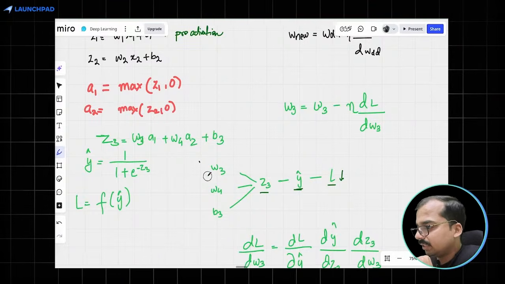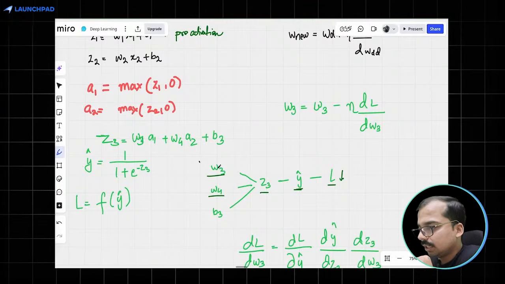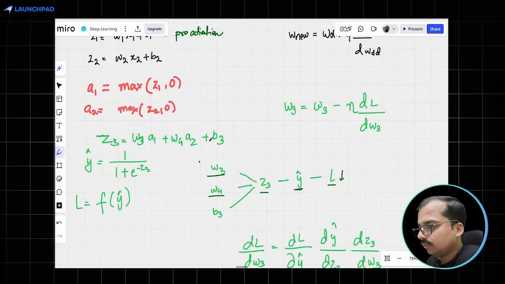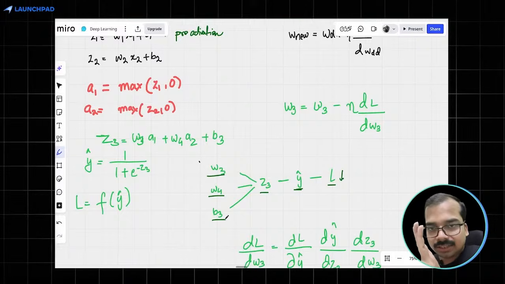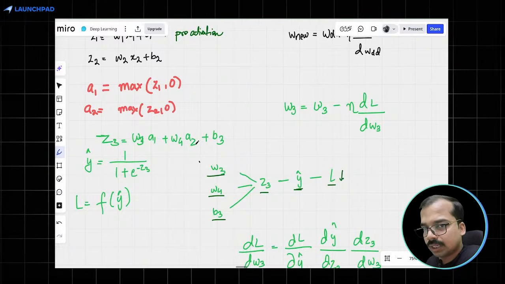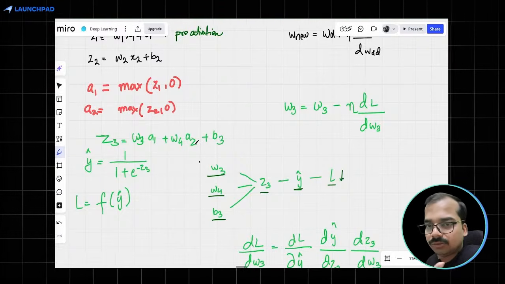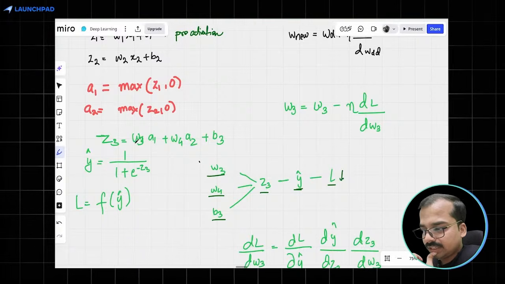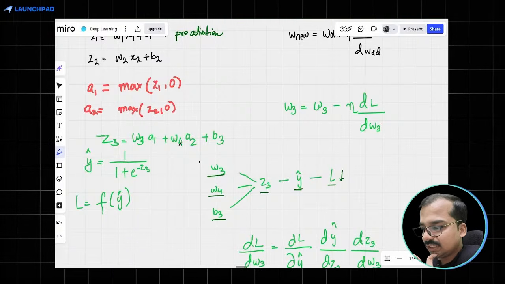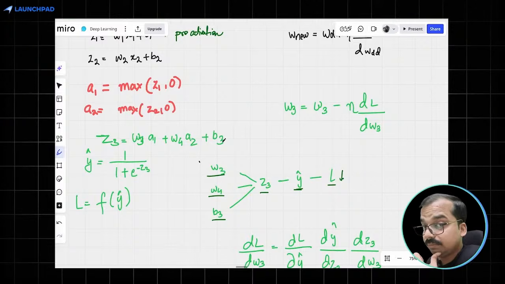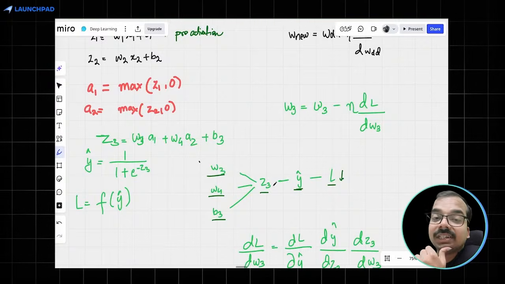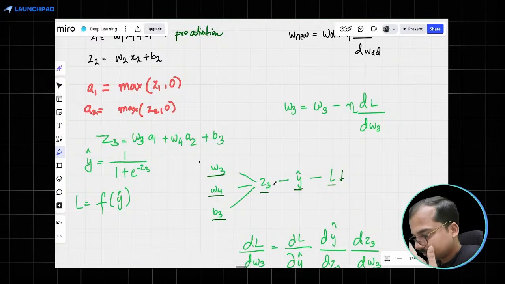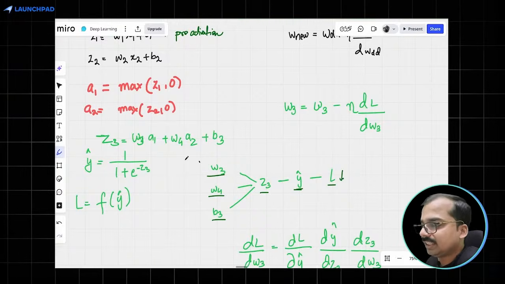Z3 is dependent on three variables, W3, W4 and B3. These are the three parameters. A1 and A2 are computed values, but if you change these parameters W3, W4 and B3, you can change Z3. So this is the chain that is being formed.